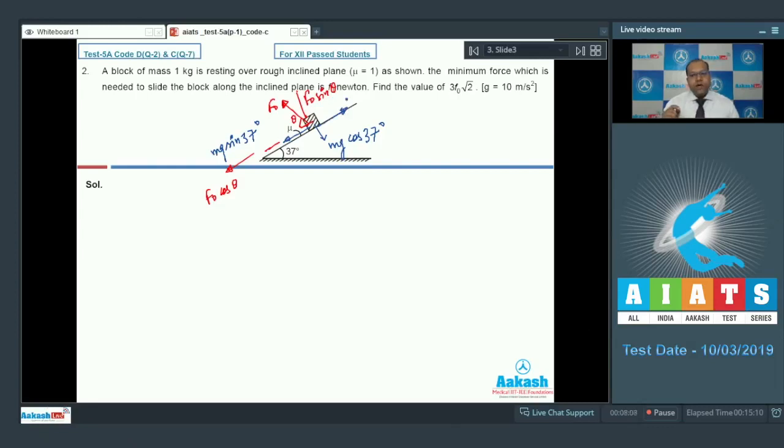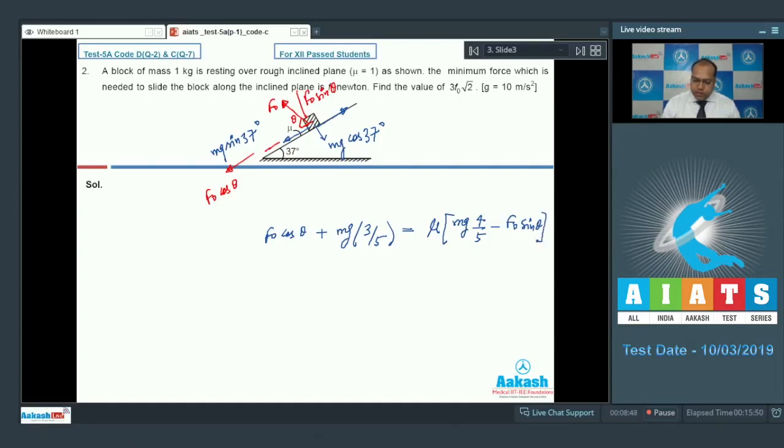So for the minimum value of the applied force, the friction force has reached its limiting value and it is just sliding. So I can say that F naught cos theta plus mg sin 37 degree, that is 3 by 5, is equal to mu into normal reaction, and the normal reaction can be written as mg into cos 37 degree, that is 4 by 5, minus F naught into sin theta.